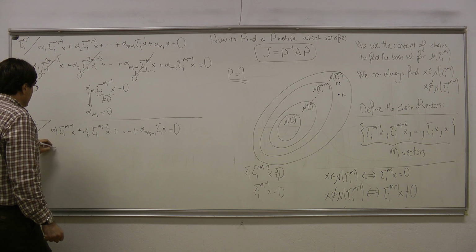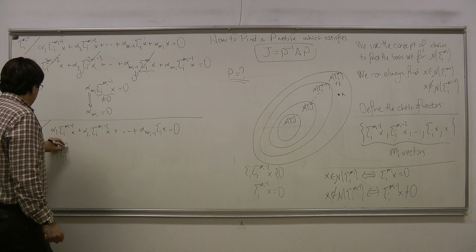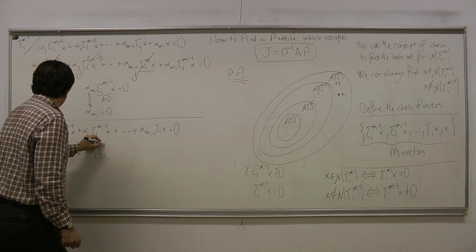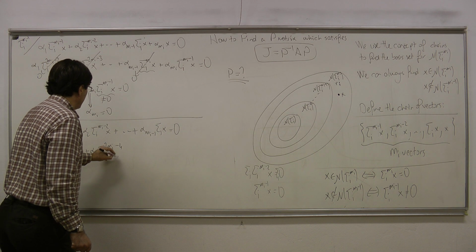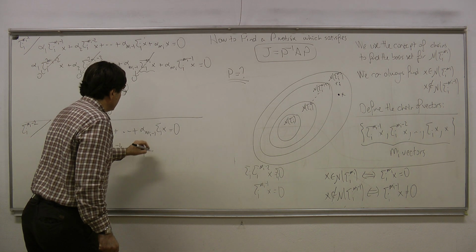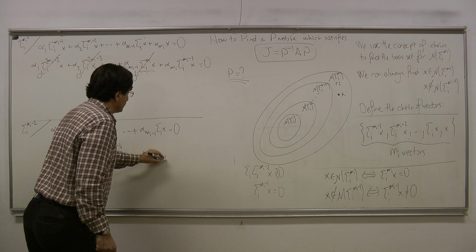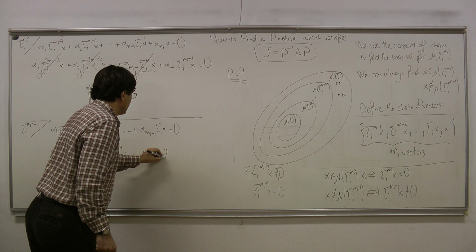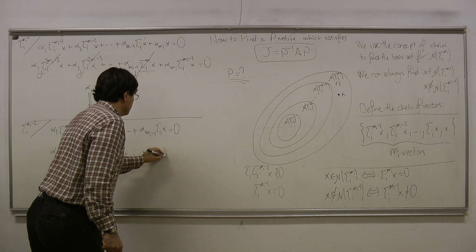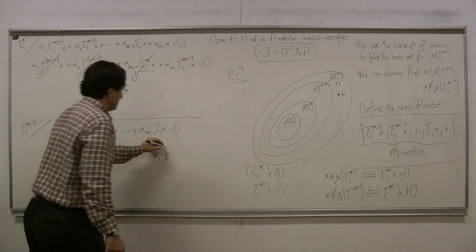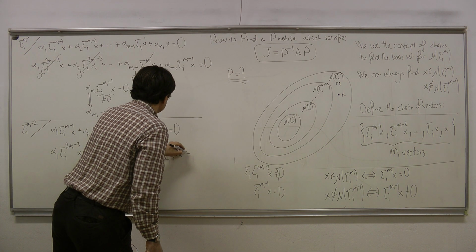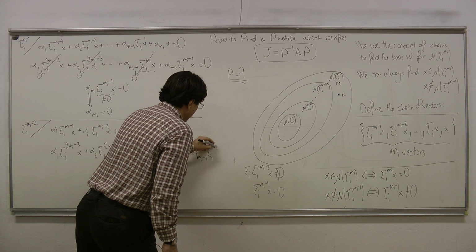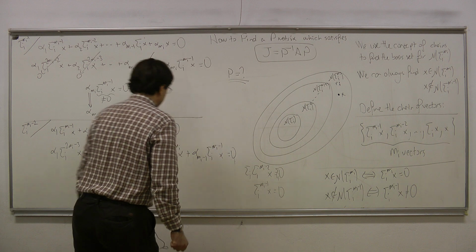Okay? And that is going to give me alpha 1 sigma I to the 2mi minus 3 x plus alpha 2 sigma I to the 2mi minus 4 x going until alpha mi minus 2 times sigma I to the mi x, plus the last coefficient alpha mi minus 1 sigma I to the mi minus 1 x is equal to 0.